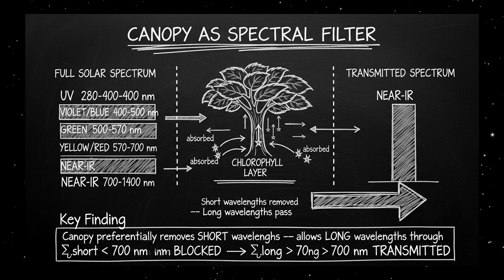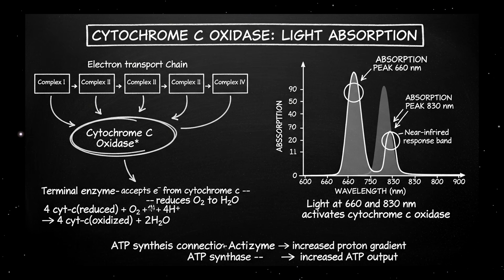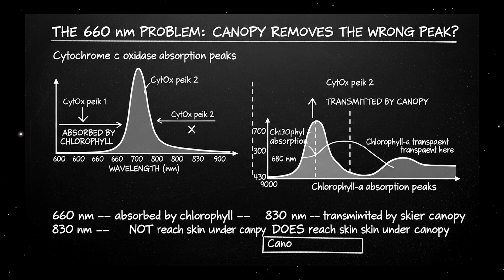This is the finding that changed how I think about canopy shade. Because the near-infrared that the canopy allows through is the wavelength band that stimulates mitochondrial energy output. Cytochrome C oxidase, the terminal enzyme of the electron transport chain, absorbs light at 660 and 830 nanometers. The canopy removes the 660.